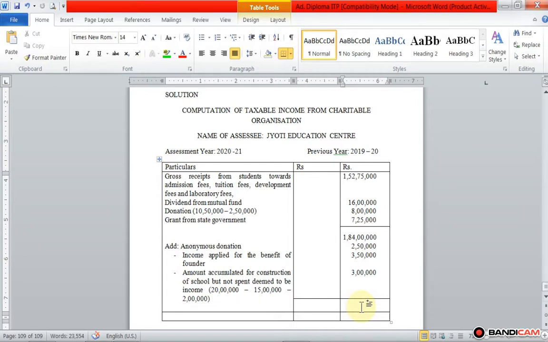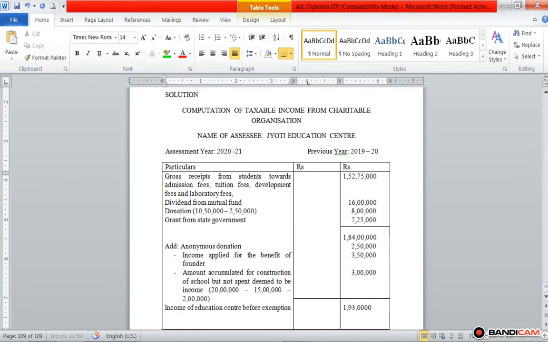So here 1 crore 93 lakh is the income of the education center before exemption.